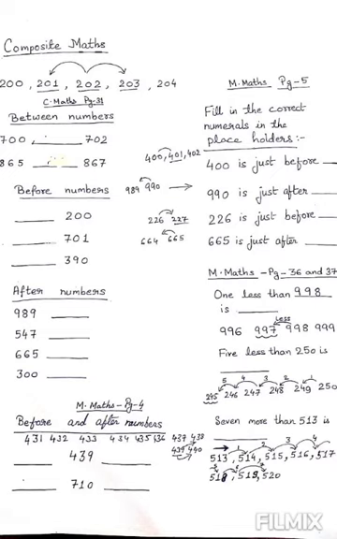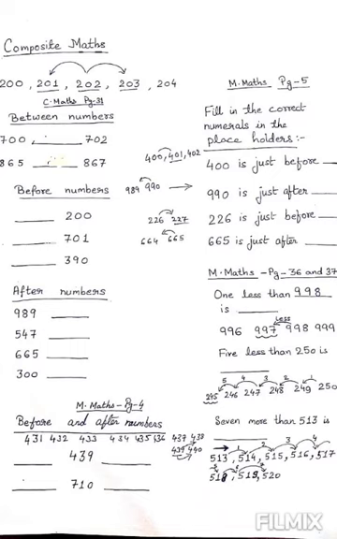So if you see the number 439, the number just before 439 is 438, and the number just after 439 is 440. So this is the process you will follow.